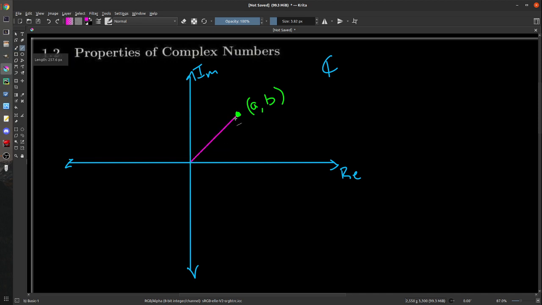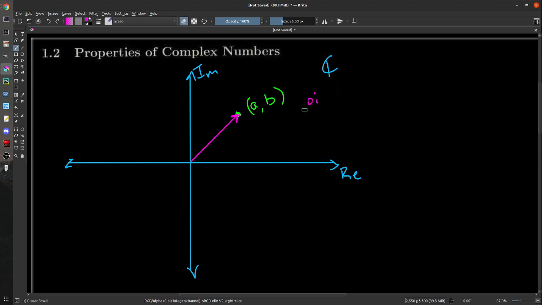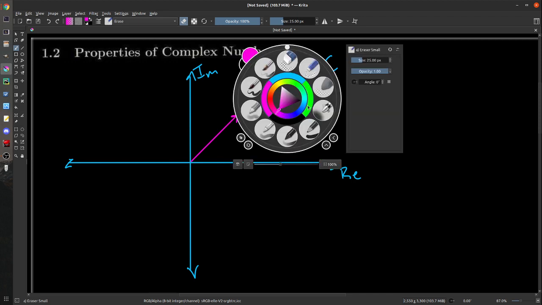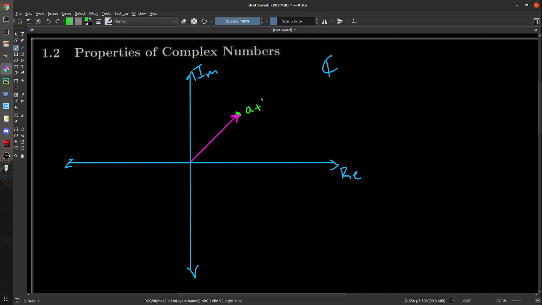I am being somewhat pedantic here, whether we want to consider this a vector versus points, etc. But there's something right here, and we often write this instead of as a pair (a, b), as a plus bi, whichever you prefer. It doesn't really make any difference to me. For convenience, we'll just write it as a plus bi for the moment, and just keep everything in one notation. So a plus bi right here.